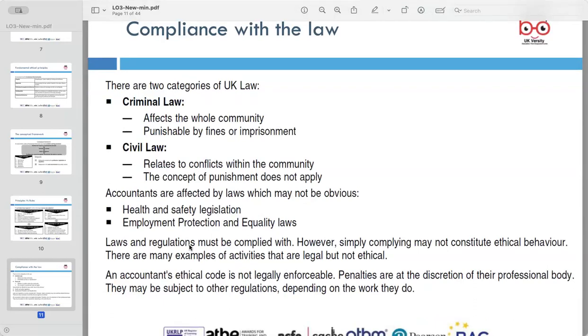The accountants' ethical code, while not legally enforceable, serves as a guide for upholding professional standards. Penalties for ethical breaches are typically determined by professional bodies, with accountants subject to additional regulations depending on the nature of their work.